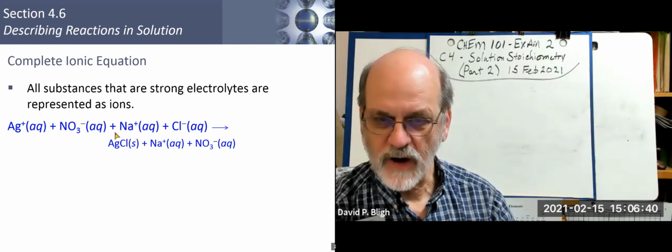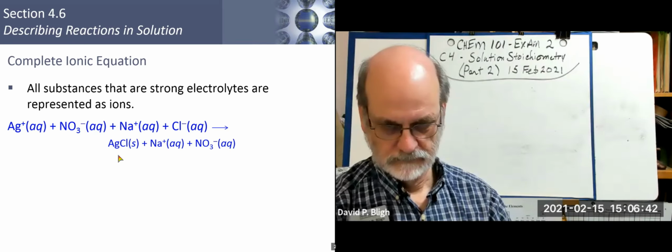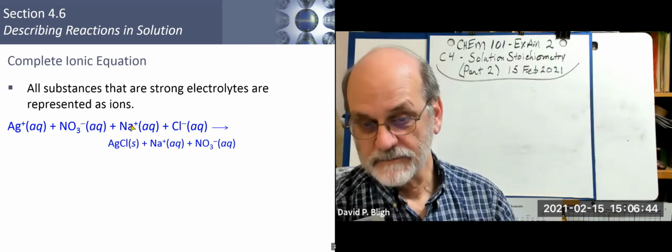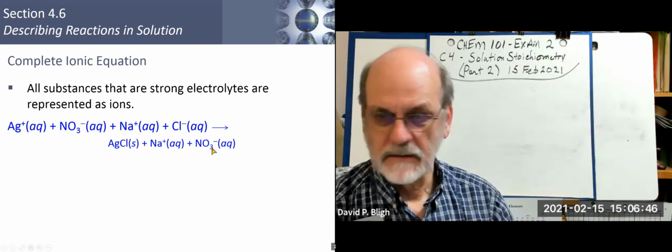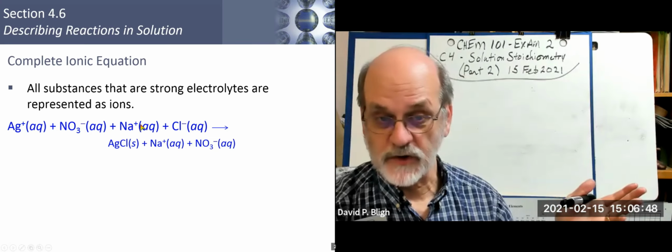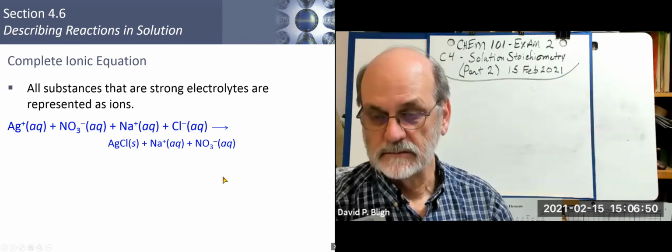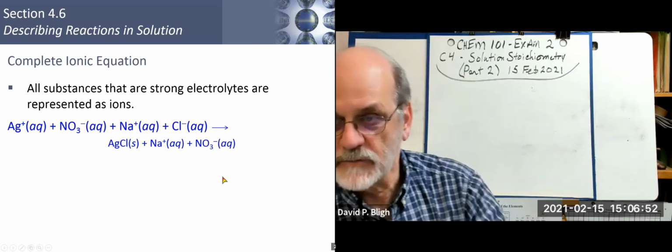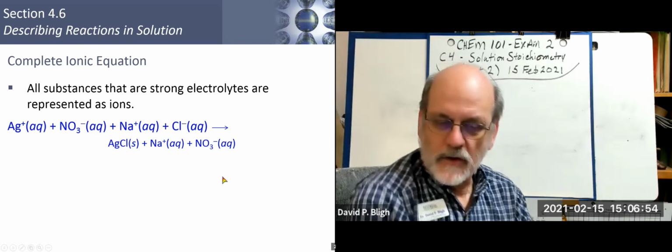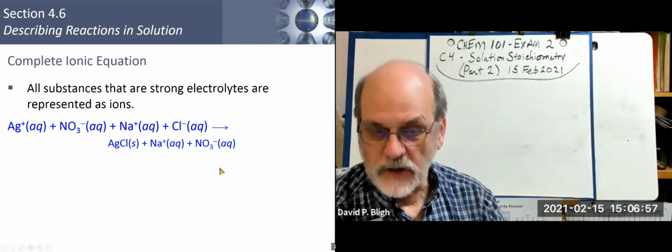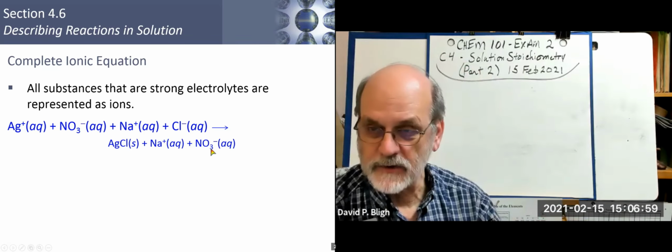So that silver chloride drops out of solution. Now these guys, sodium and nitrate, they're still happy to go along. Sodium nitrate is soluble. Just look it up in the chart. So those ions stay put. They're still in solution before and after.